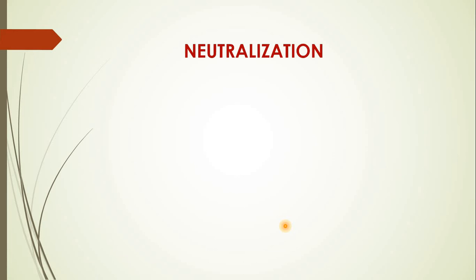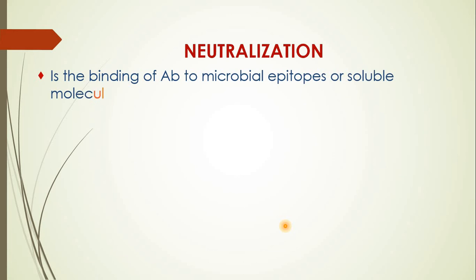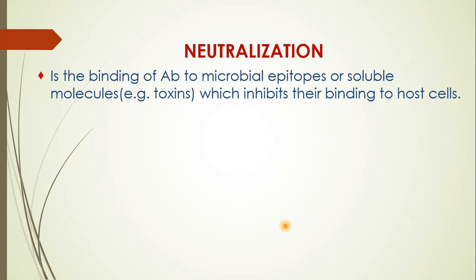Then comes the third one, neutralization. Neutralization is actually the binding of antibody to microbial epitopes. Now what is an epitope? Again, epitope is written with microbial, so this way also you can remember that I am talking about the antigen. So the binding of antigen to antibody, both in soluble conditions, which inhibits the binding to the host cell, is the cause of the neutralization reaction.